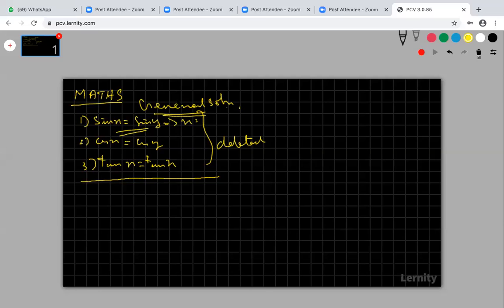Trigonometric identities and problems related to them are all still there. We have to concentrate on problems in principal solution. The entire section is not deleted, only the general solution.